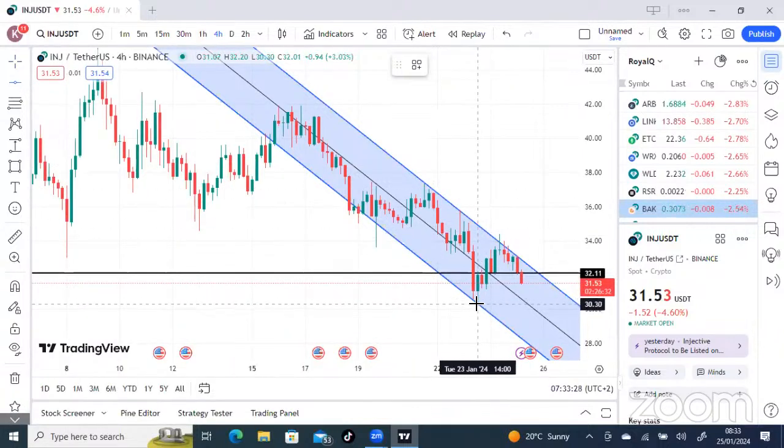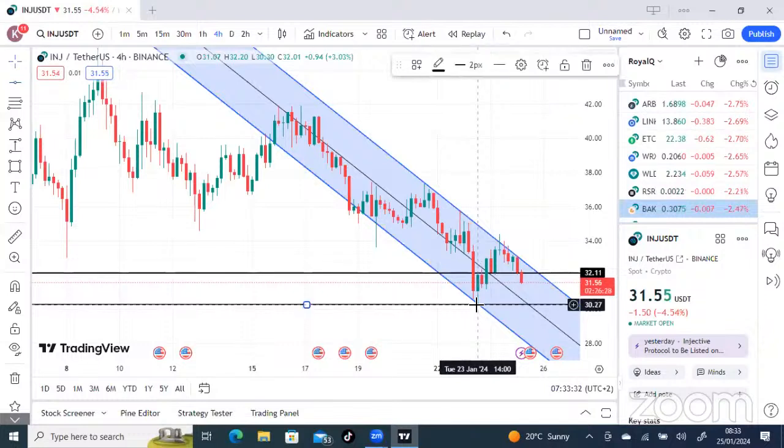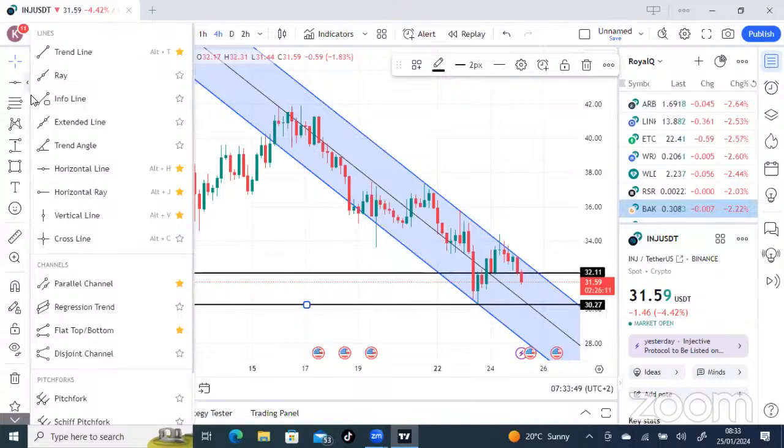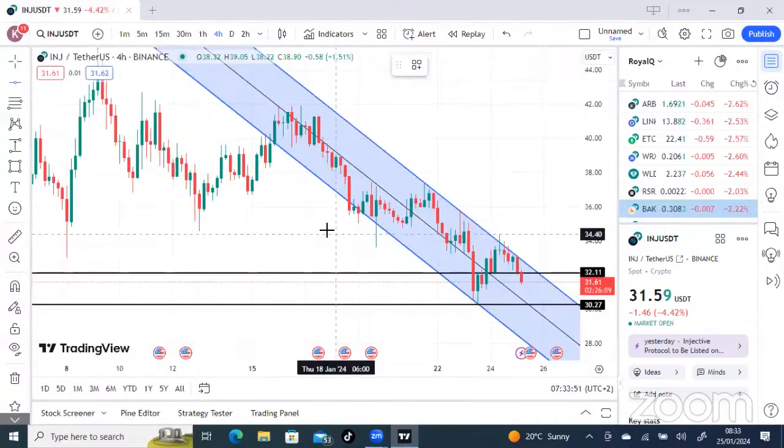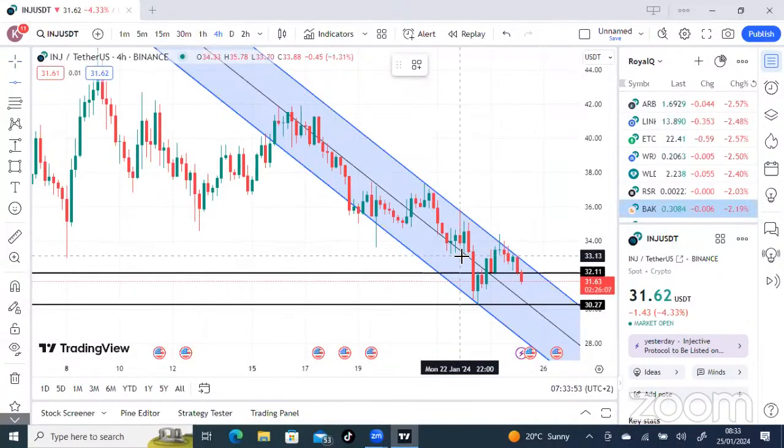There is a touch here. A touch. It's important. I'll draw the line. There's a touch. There's a touch here. Whenever the market touches my middle line, I'll draw the line to help me get those nice points of entry and exit.